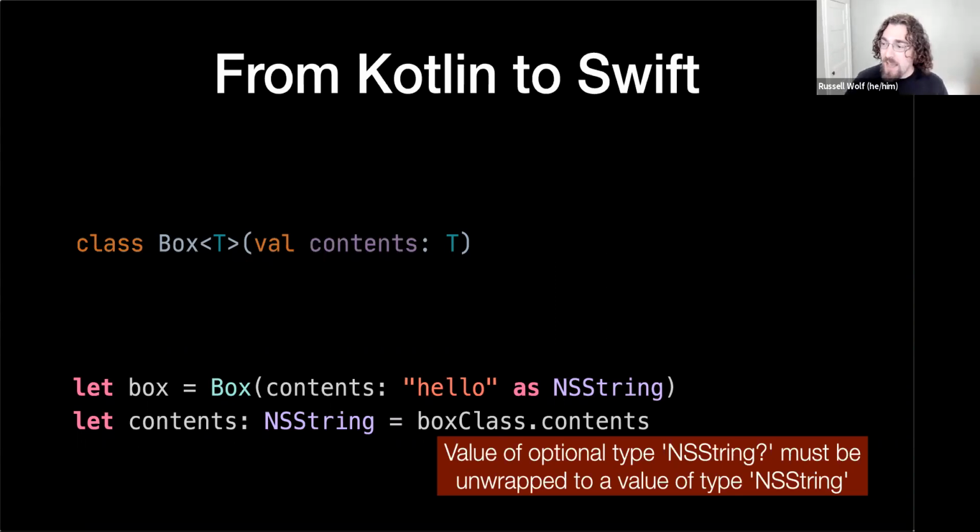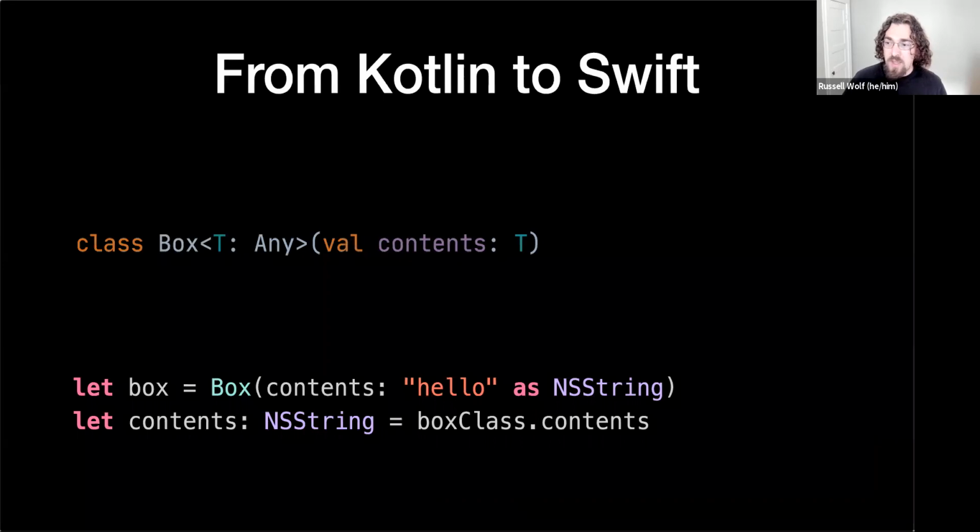Objective-C doesn't really have a concept of that, though it's able to annotate around it. But it doesn't know. So even though we've bound that T to a non-null type, when we read out the contents, Objective-C doesn't make the connection to know that T isn't nullable. If we'd done something like this, then it would work.